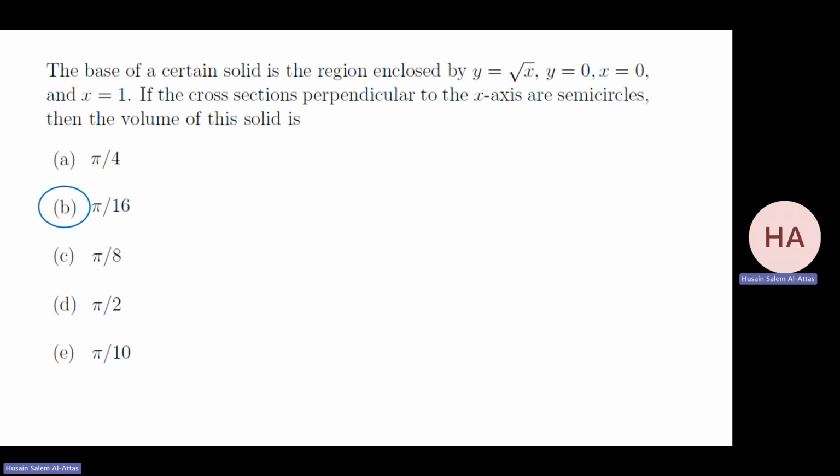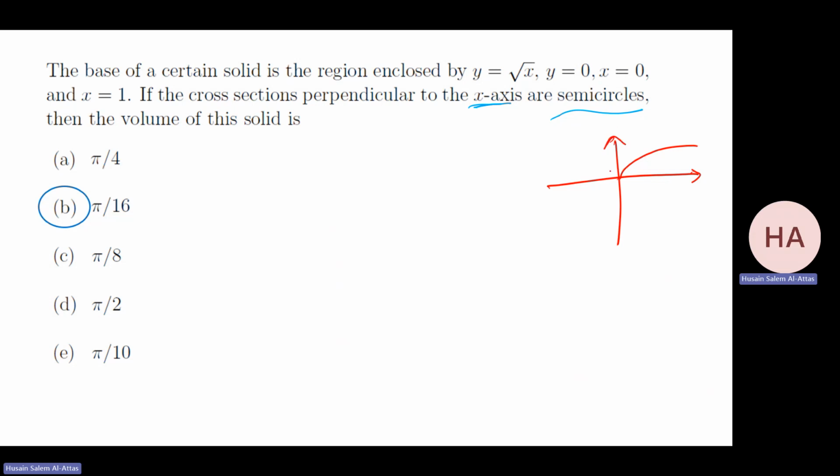Here I have what? The base of a certain solid, the region closed by this, perpendicular semicircle, x-axis. Okay. We did something similar before. Let me do it again. First, find the area. That will be square root of x. I have y equals 0, which is the x-axis.